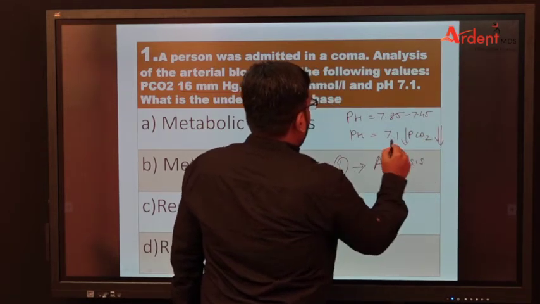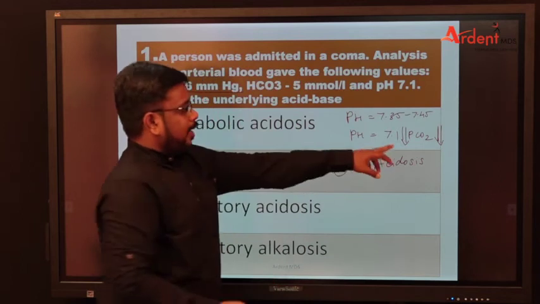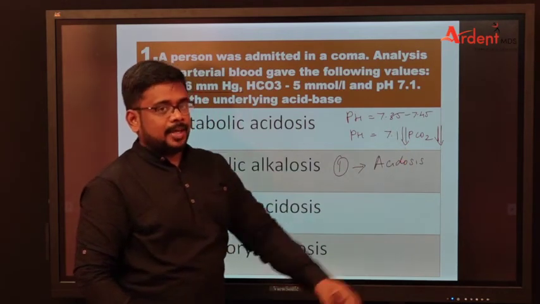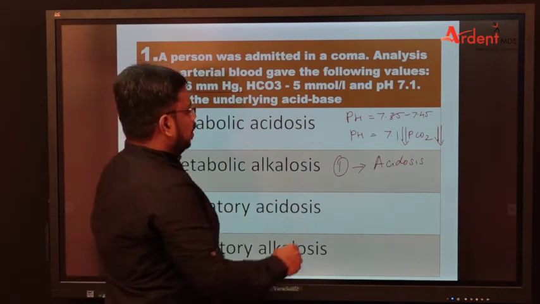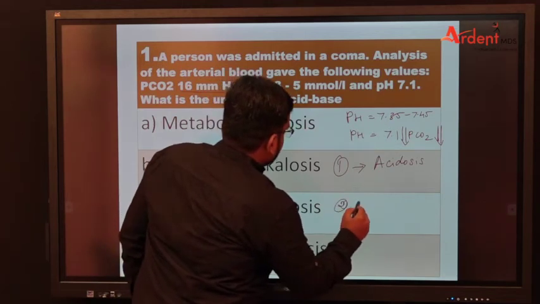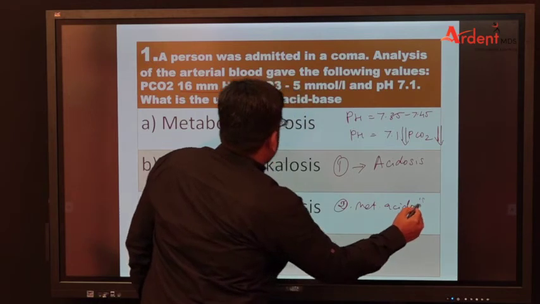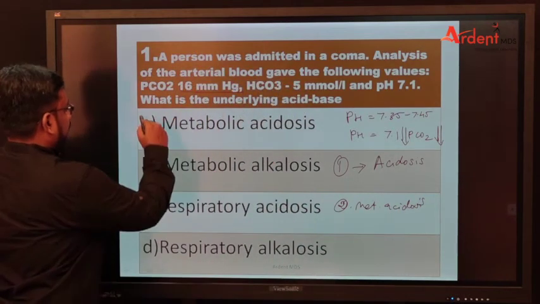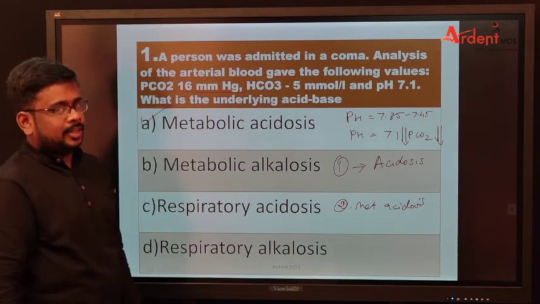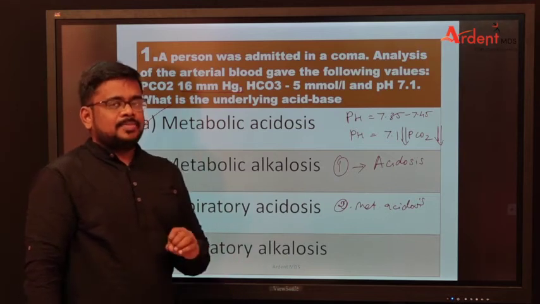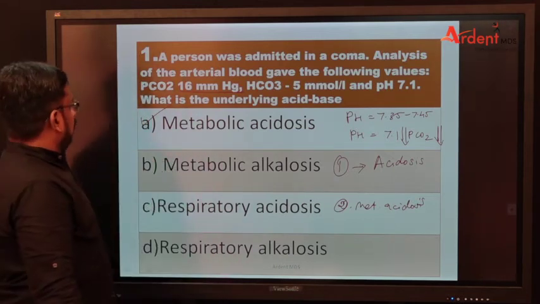So both arrows are in the same direction. If the arrows are in the same direction, you go for metabolic acidosis. So the answer for this is the first option, metabolic acidosis. Here they did not ask anything about the compensatory mechanism, so you can skip it.